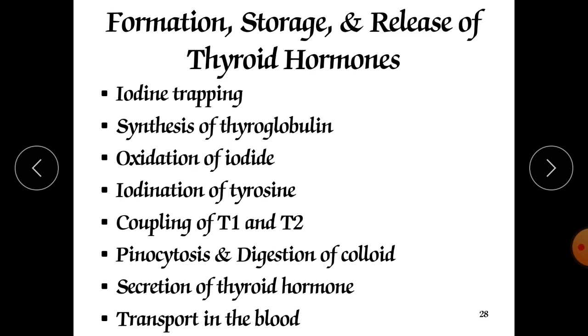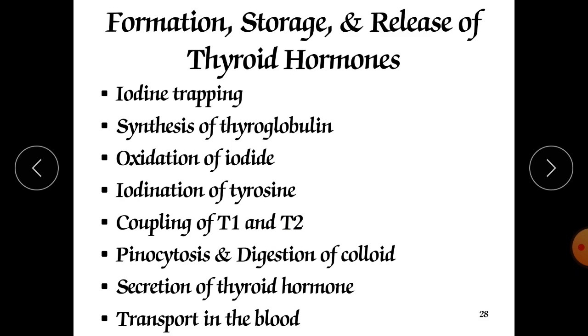During the last step in the synthesis of thyroid hormone, two T2 molecules, means 2 diiodotyrosine, 2 DIT, will combine to produce T4, which is called thyroxine. What is our major role? To produce the thyroxine.